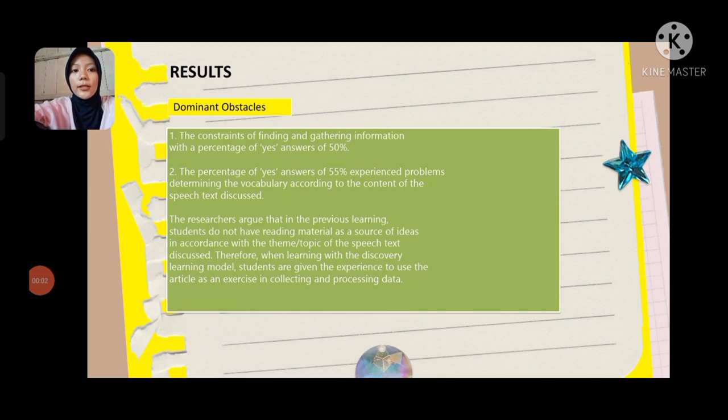The researchers argue that in the previous learning, students did not have reading material as a source of ideas in accordance with the theme or topic of the speech text discussed. Therefore, when learning with the discovery learning models, students are given the experience of using articles as an exercise in collecting and processing data.